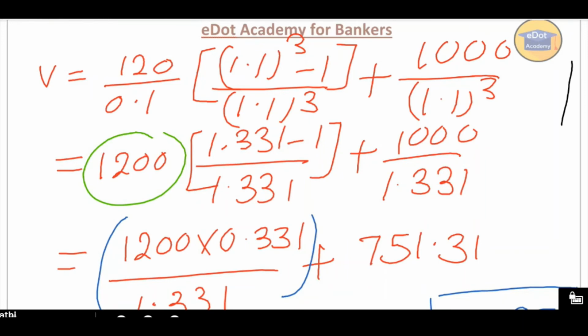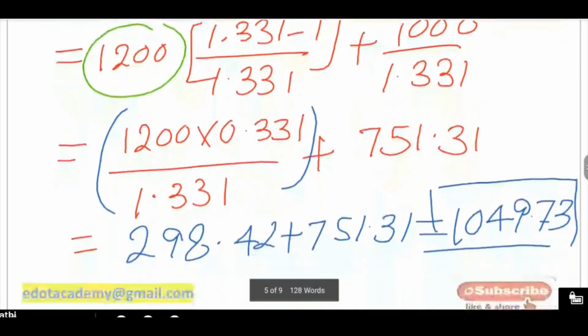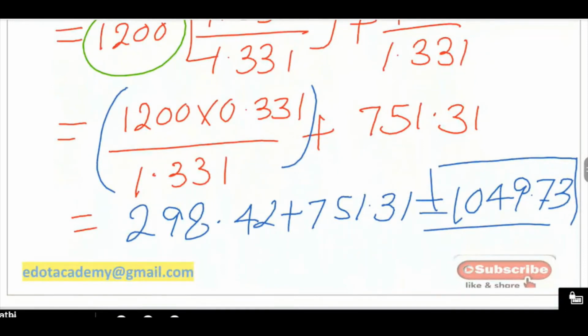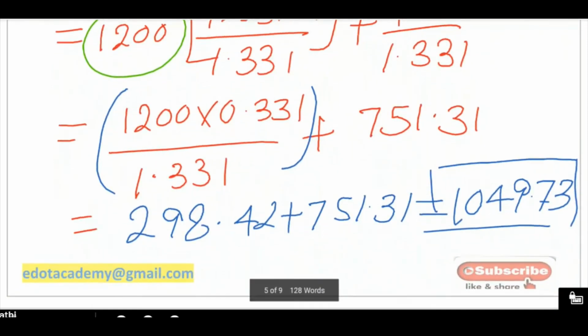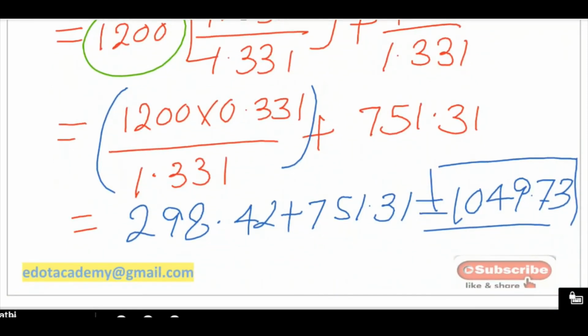You calculate this, and I got the same value, 1049.73. Okay, so two different methods, and the approximate value is the same, 1049.73. In the previous one we got 1049.74. In this way we can calculate the present value of a bond.